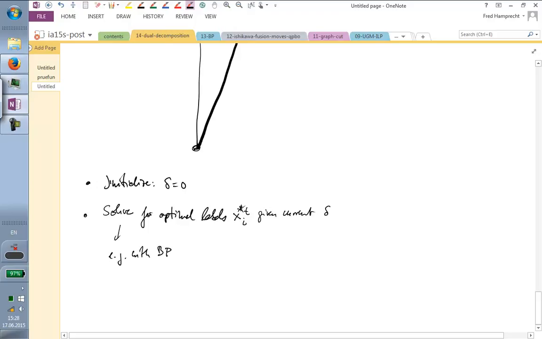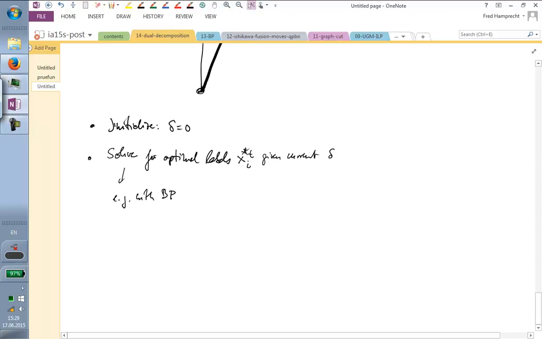Because then I know that I do in fact get the exact solution for every subproblem, however they don't match yet. Yeah? So now I want to make them match. And once I've found this optimum solution, we then have this function L of delta.